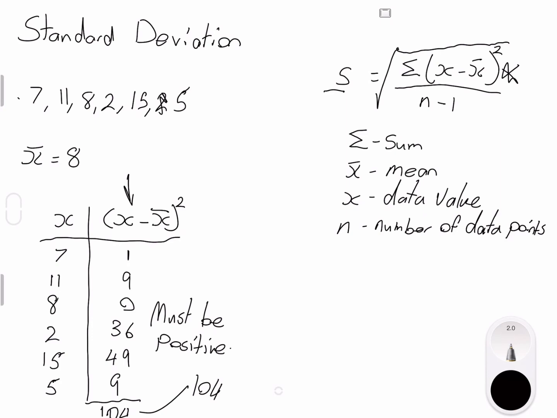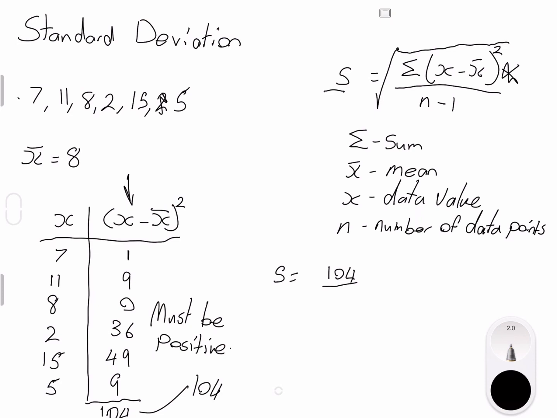So now if we plug the value of 104 into this formula, what we're going to get is our standard deviation. So let's go. Standard deviation is going to be equal to the square root of 104 divided by n minus 1.